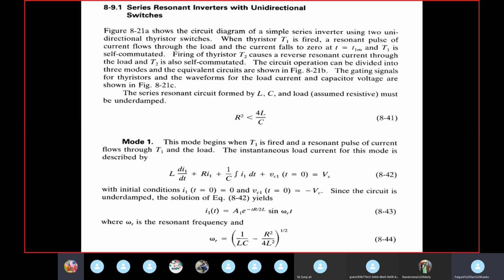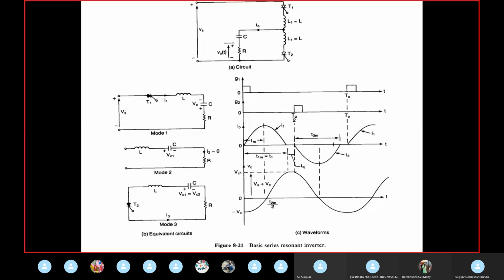We already know the conditions of the resonant circuit for series RLC and parallel RLC networks. From that concept, we can say that here the resonant frequency omega r is the square root of 1 by LC minus R square by 4L square.